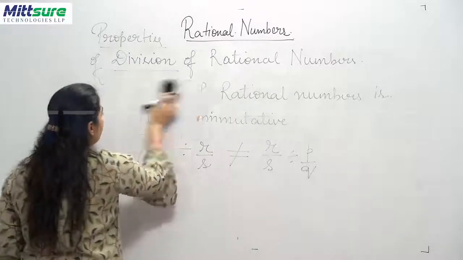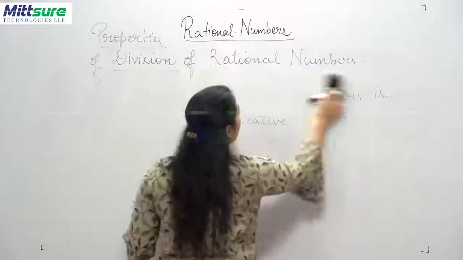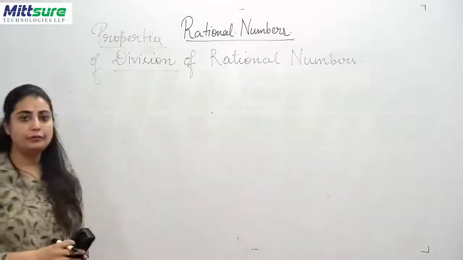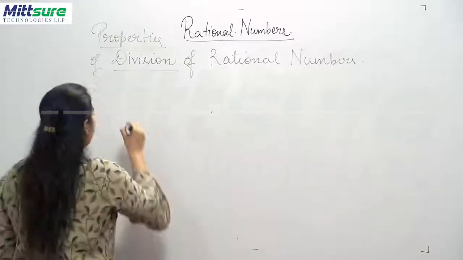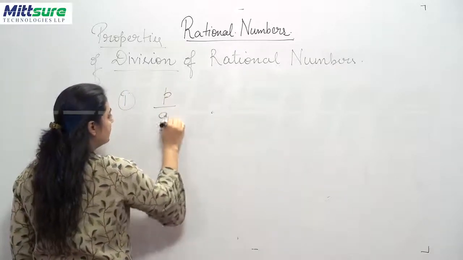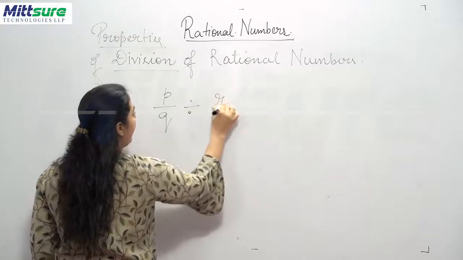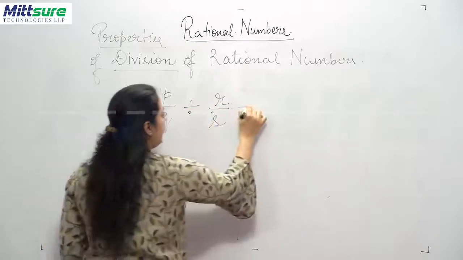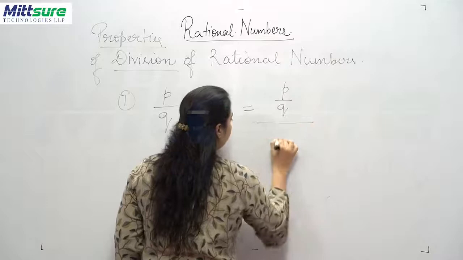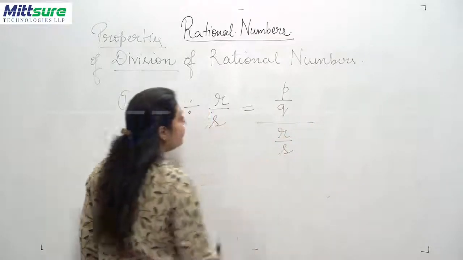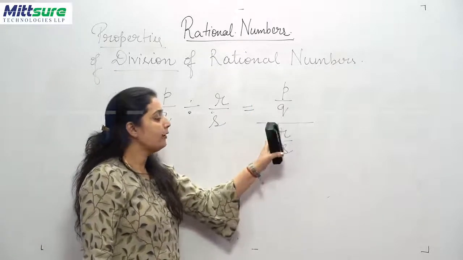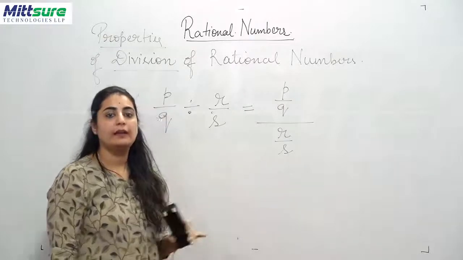Okay, now there are some important points related to the division of rational numbers which you have to keep in mind. The first point is, if P upon Q is divided by R upon S, it can be represented as P upon Q upon R upon S. You can solve it like this also. Now see, P upon Q upon R upon S is what?